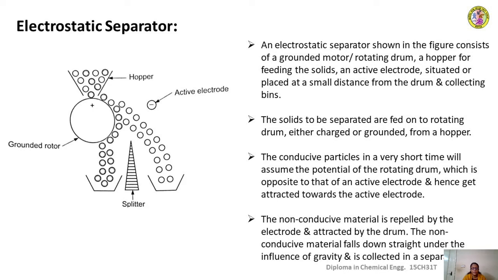Then when the particles are introduced on the grounded rotor, they acquire surface charges. So some particles acquire positive charge and some particles will acquire negative charge, or they remain as neutral particles. Then the charged particles will be attracted towards the electrode.